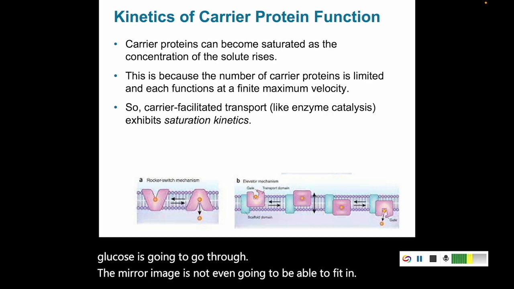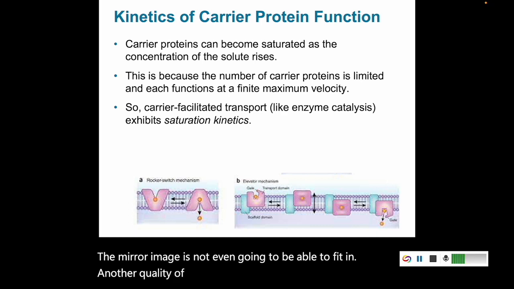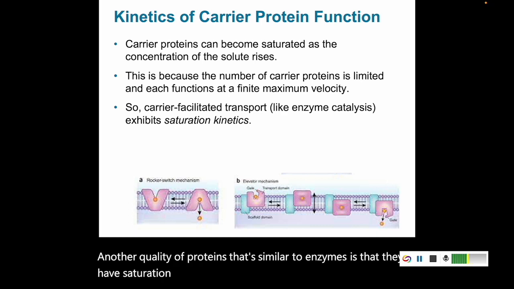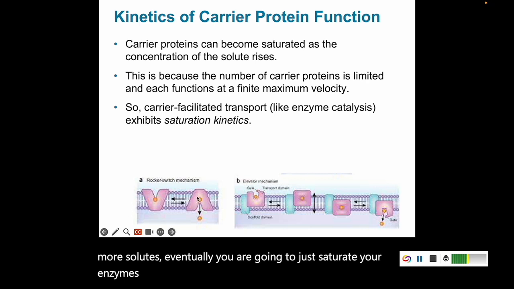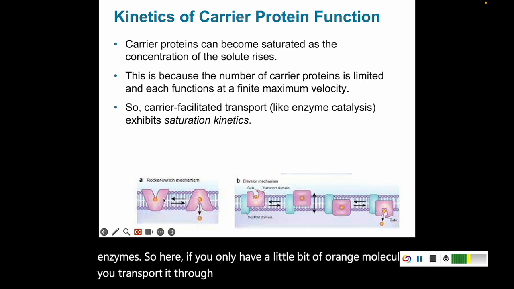Another quality of carrier proteins that's similar to enzymes is that they have saturation kinetics. That means that as you get more and more solutes, eventually you are going to saturate your transporters. Here, if you only have a little bit of orange molecules, you transport it through, and your transporter just waits until the next solute comes through.